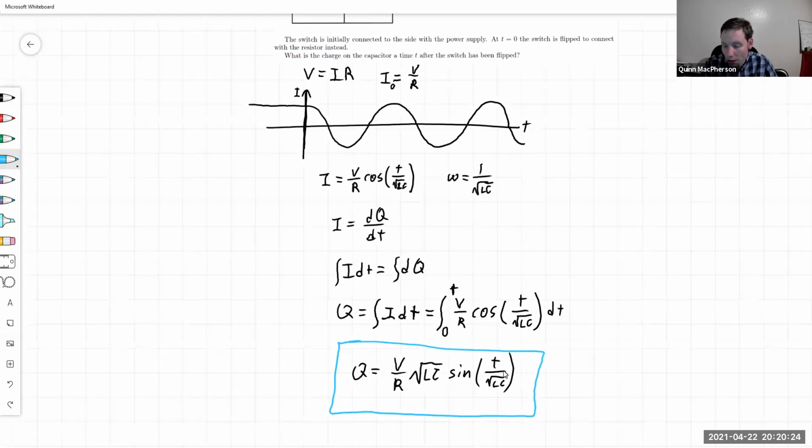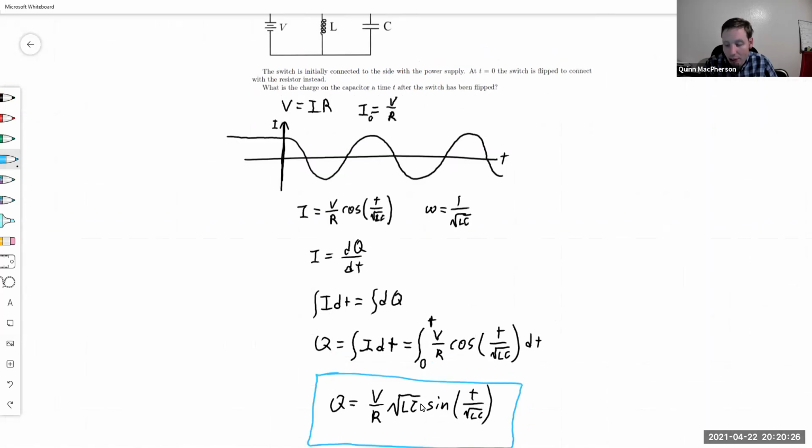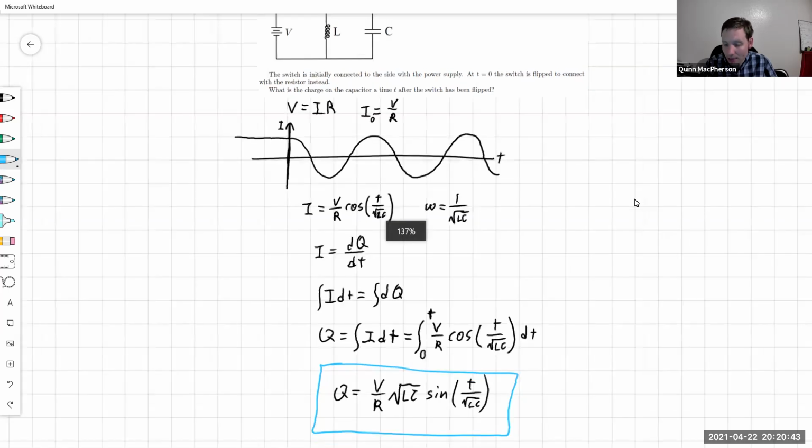I should note that whether you have a plus or a minus out front here depends on which side you call the plus side of the capacitor and which side you call the minus side. I never really specified. So to say the charge would be minus would equally be true, since I didn't specify which side's plus and which side's minus.